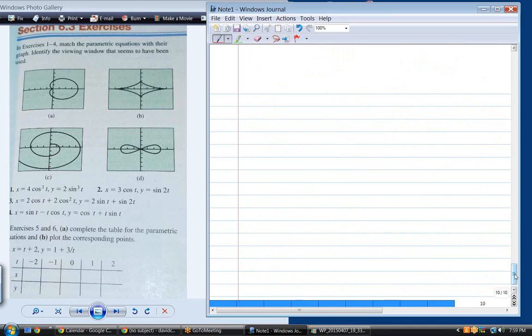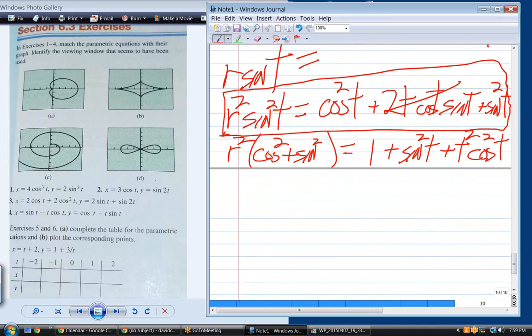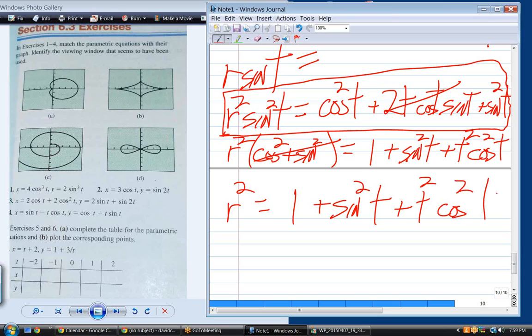So now I've got r squared equals 1 plus sine squared of t plus t squared cosine squared of t. So all we have to do is figure out which shape that is.